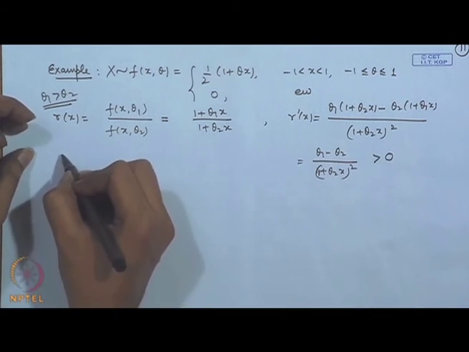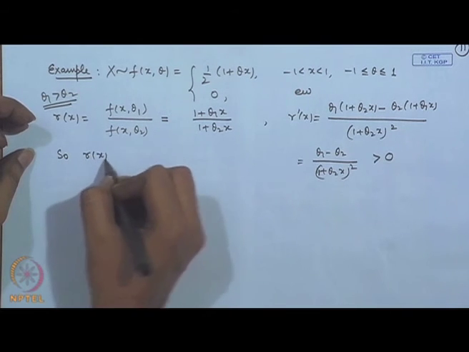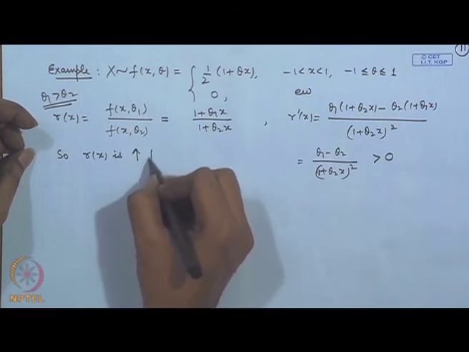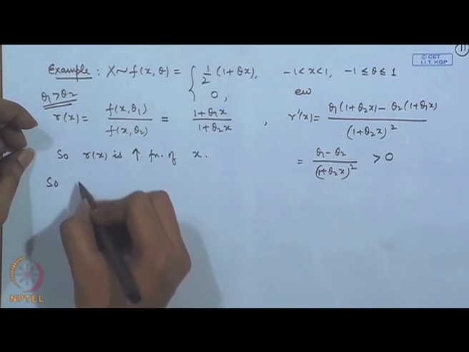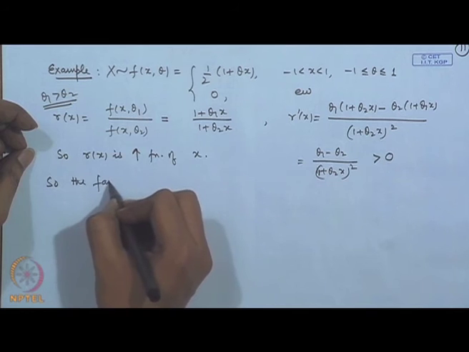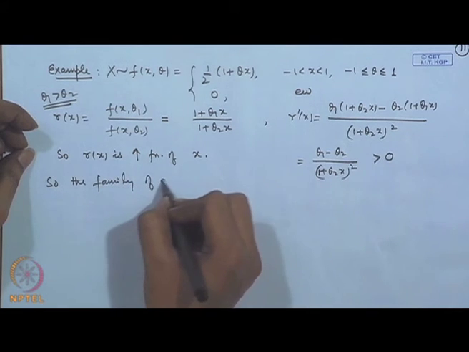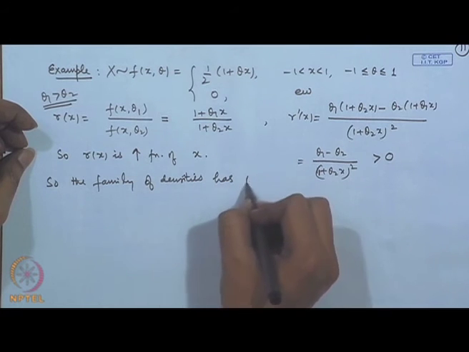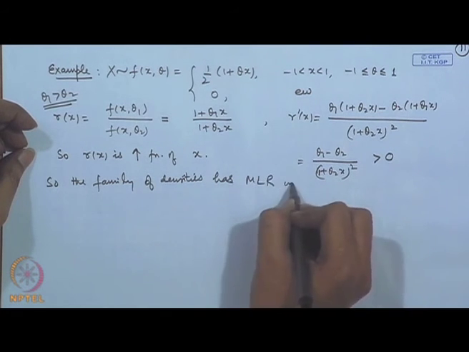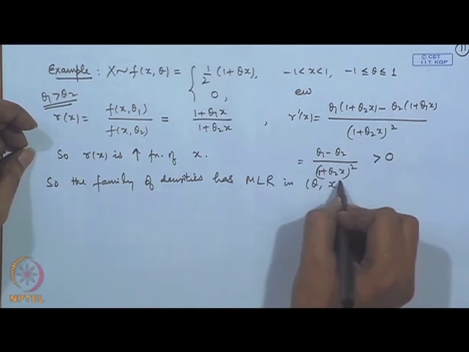So, what we are concluding is that R x is an increasing function of x. So, the family of densities that we have considered here has monotone likelihood ratio in theta and x.